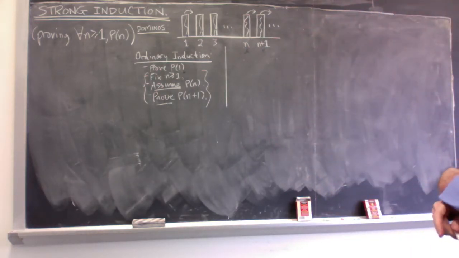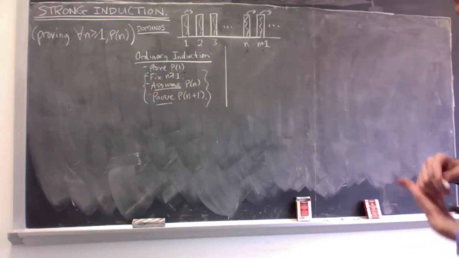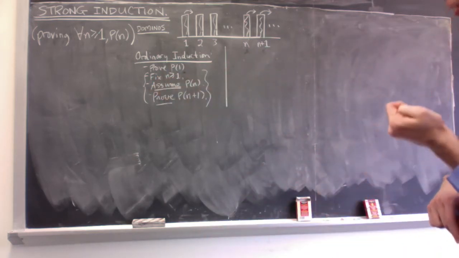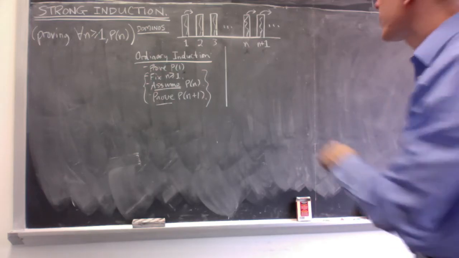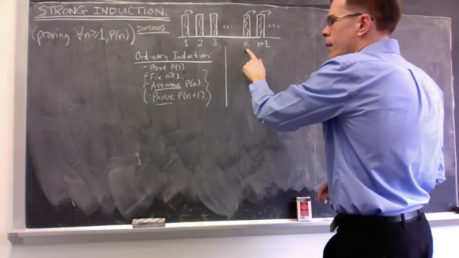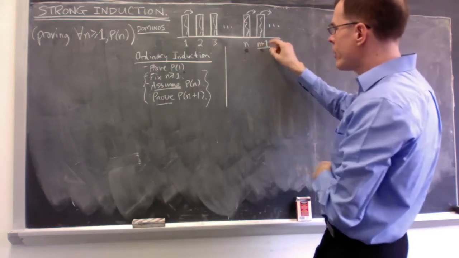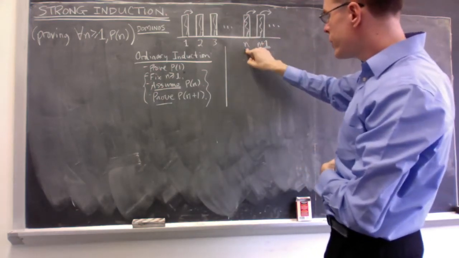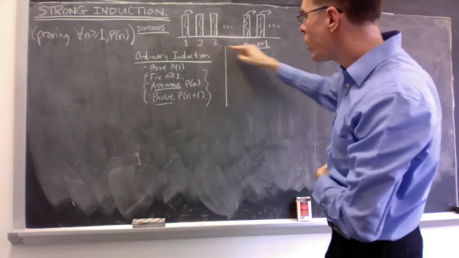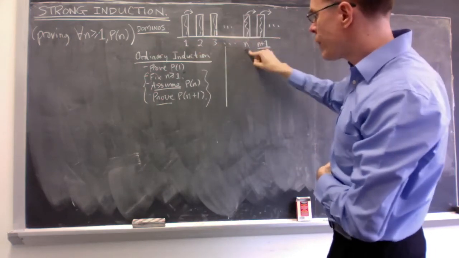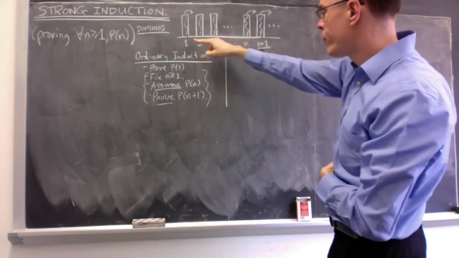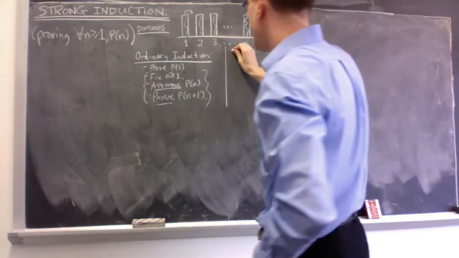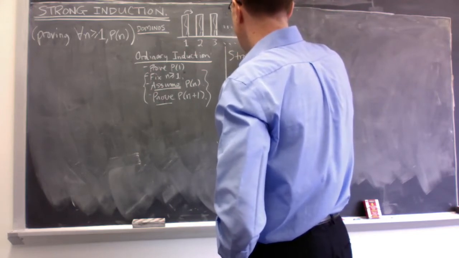And if you think about the sequence of statements being proved in this cascade with the dominoes falling from left to right in order, you might realize that by the time you get here, there's even more stuff that's already happened. Not just the previous domino falling down, but all of them. All dominoes prior to this one will have fallen down before you even worry about whether this one is going to fall down as well. So that's the idea of strong induction.